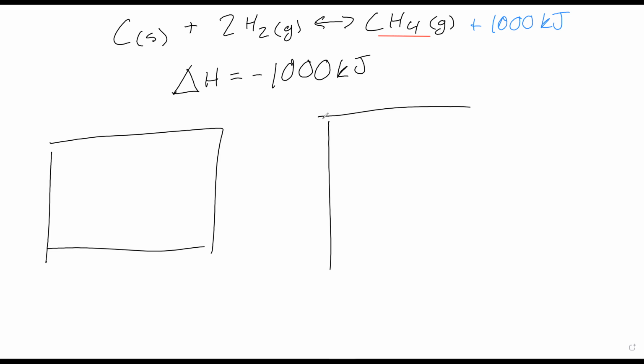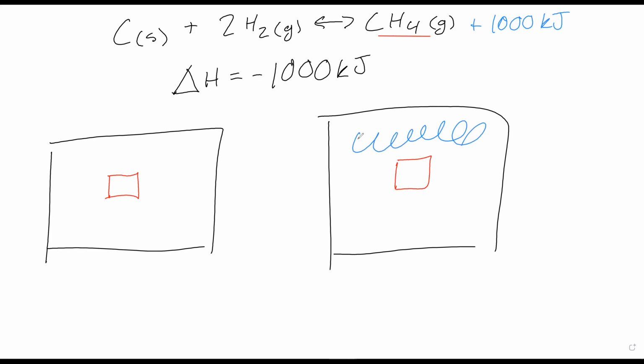Here, we'll draw two spaces of the same size. Imagine they're the same size, they're not drawn to scale. We have our carbon cube in the center, and we have all of our H2 gas around it.